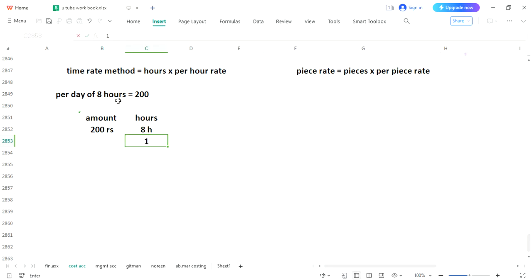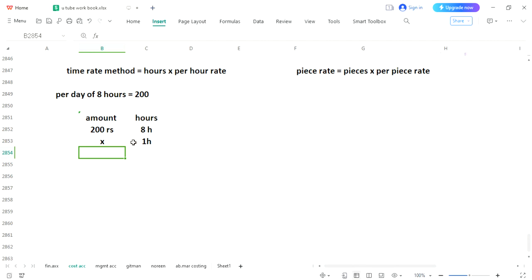A single hour we want to know. That is why we are doing it, because per hour rate, small t, is a basic necessity of any question. Look at over here, hours need to be multiplied by per hour, that means 1 hour. So that is why we are calculating the amount which would be paid for a single hour.